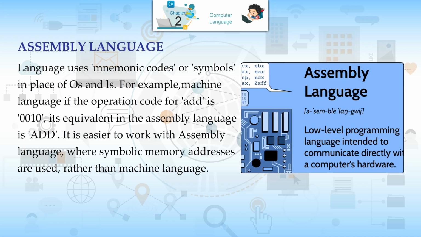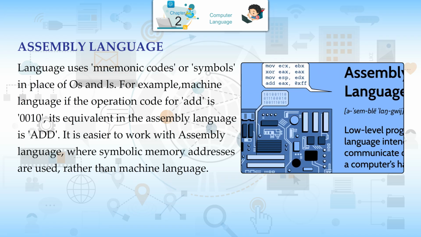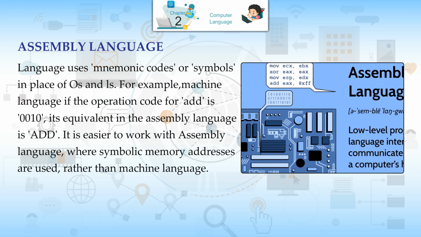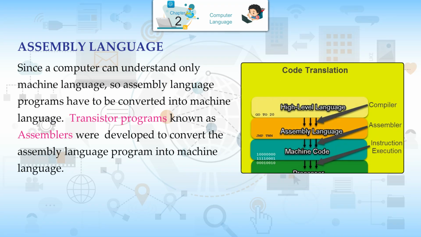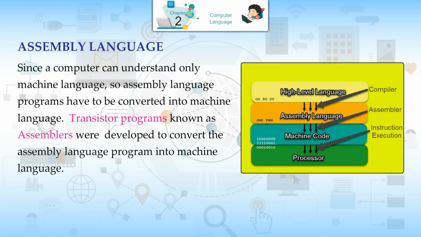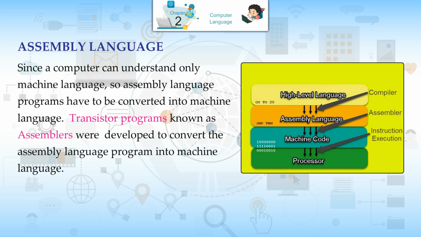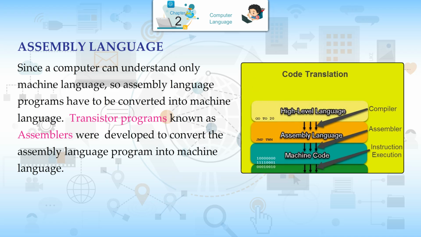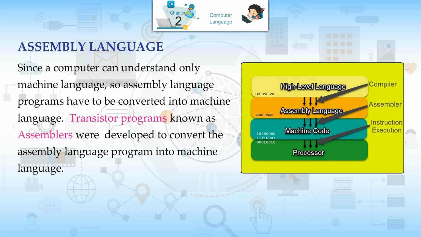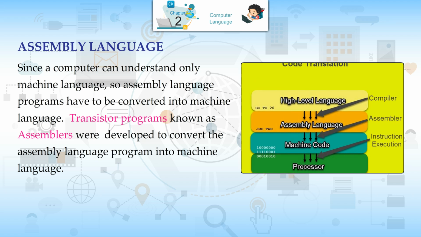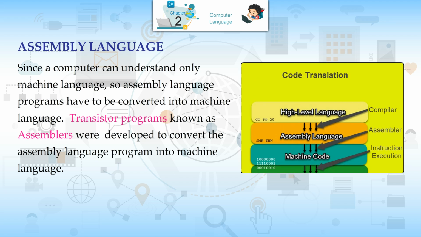It is easier to work with assembly language, where symbolic memory addresses are used, than machine language. Since a computer can understand only machine language, assembly language programs have to be converted into machine language. Translator programs, known as assemblers, were developed to convert the assembly language program into machine language.